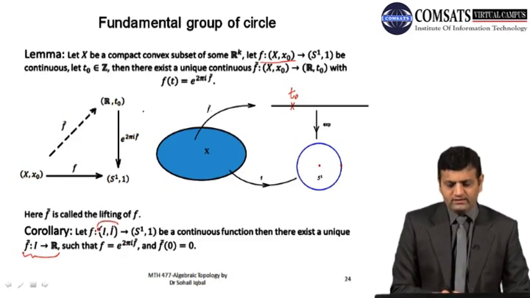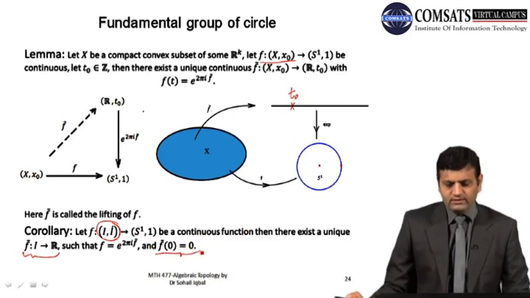This I is basically a convex compact subset of R^1, so we can apply the above lemma over here, and very trivially you can see that everything is in place, and in particular we have taken t0 to be equal to 0 in this case.